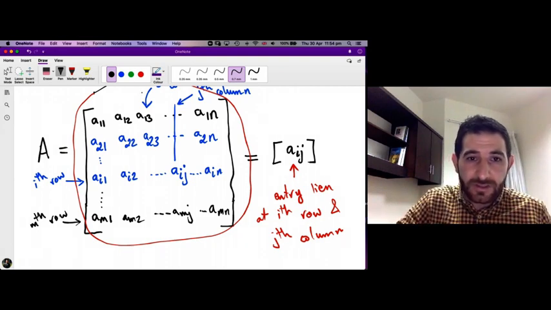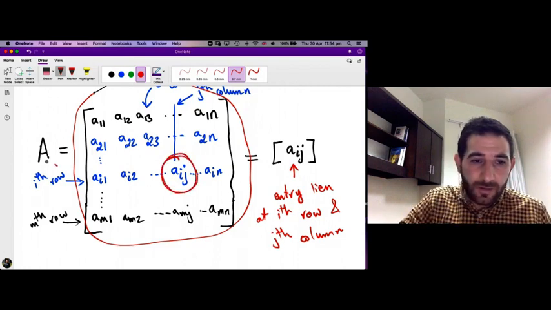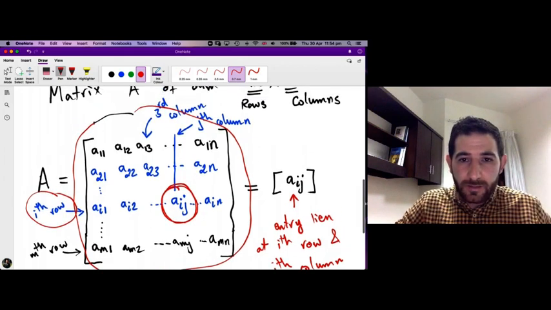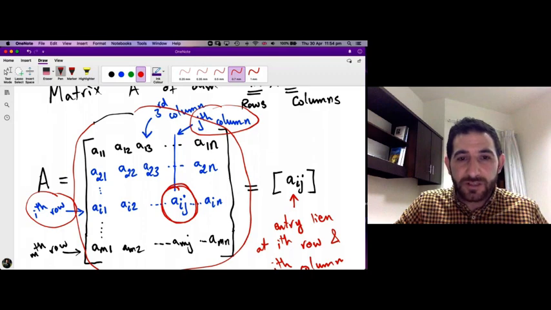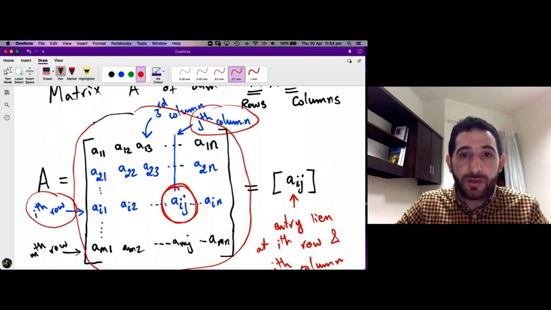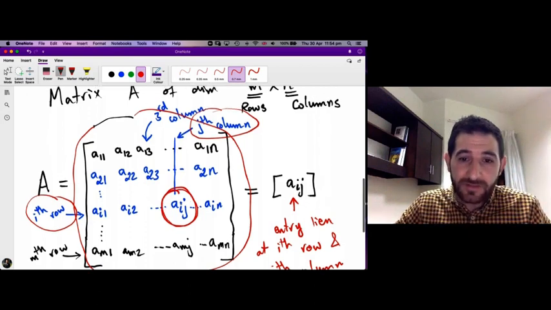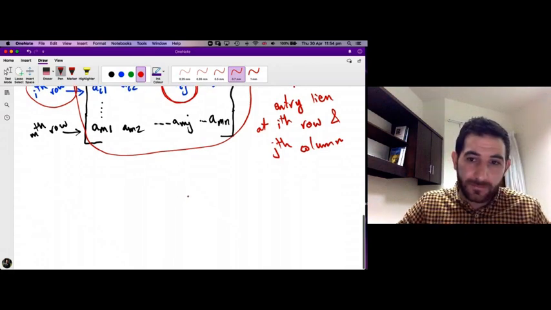So this is our Aij in general. Aij lies in the ith row and in the jth column. So this will be our general representation of a matrix, and we need this general notation for matrices to prove theorems about matrices. This is a very important notation.